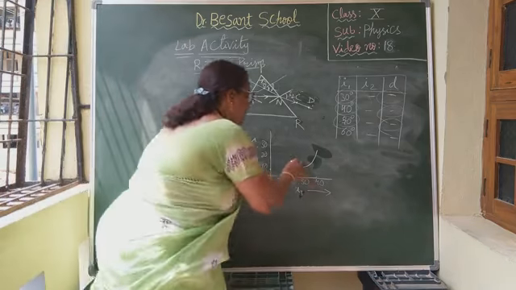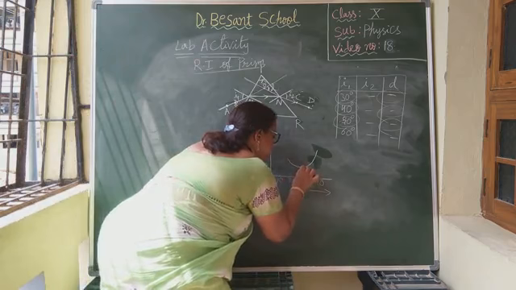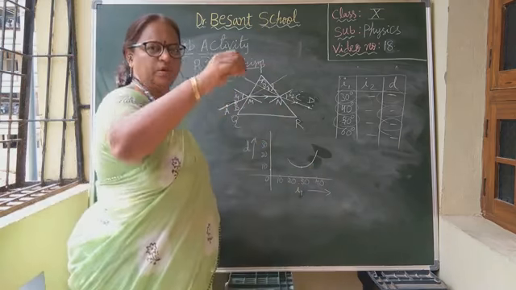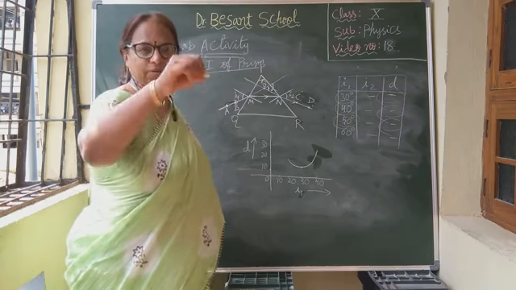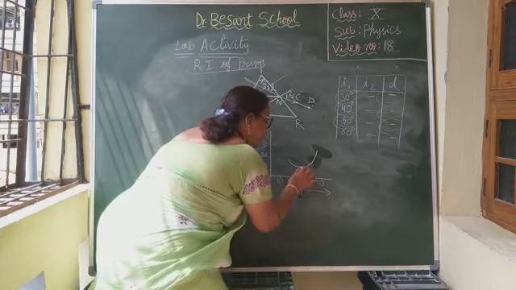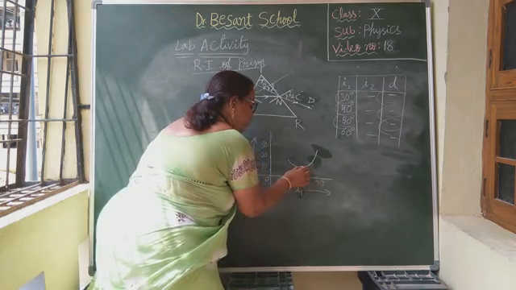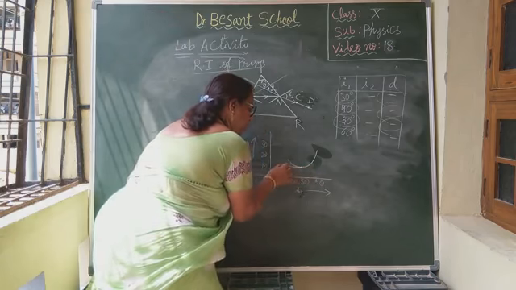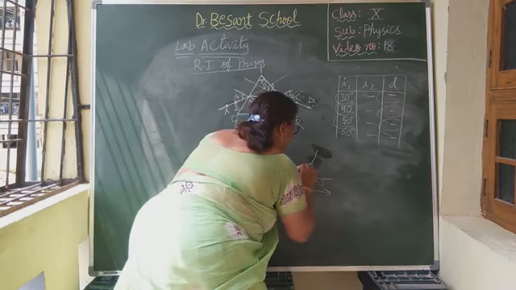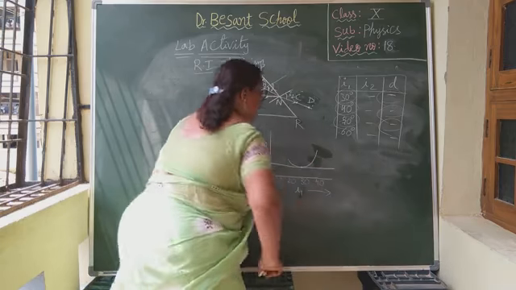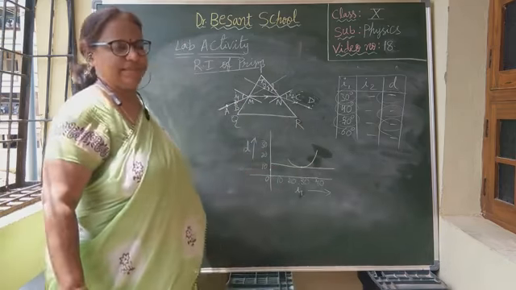What you will do is, this point is there, no? This exact point in the curve. Okay, the lower point in the curve. Take the lower point in the curve. Now from this point, draw a tangent parallel to the x-axis.